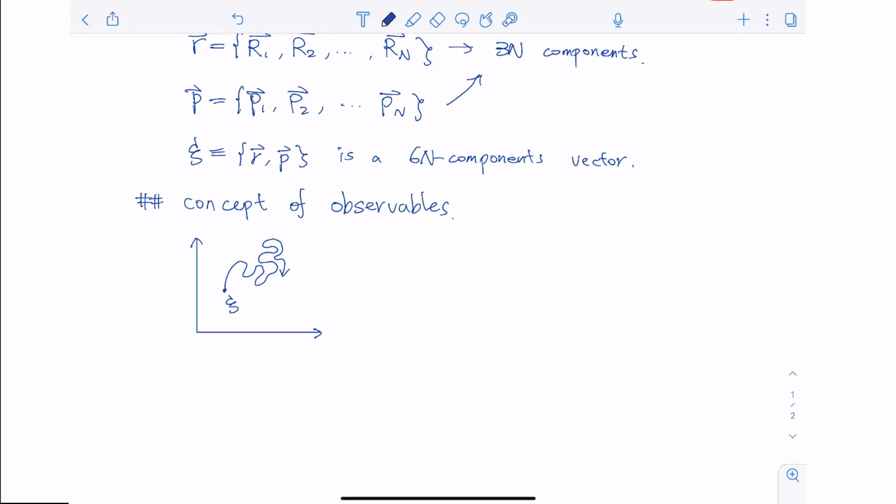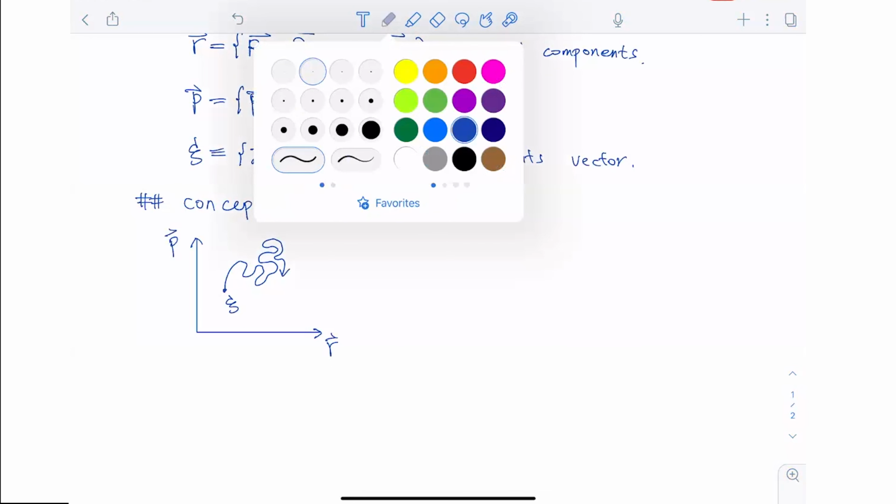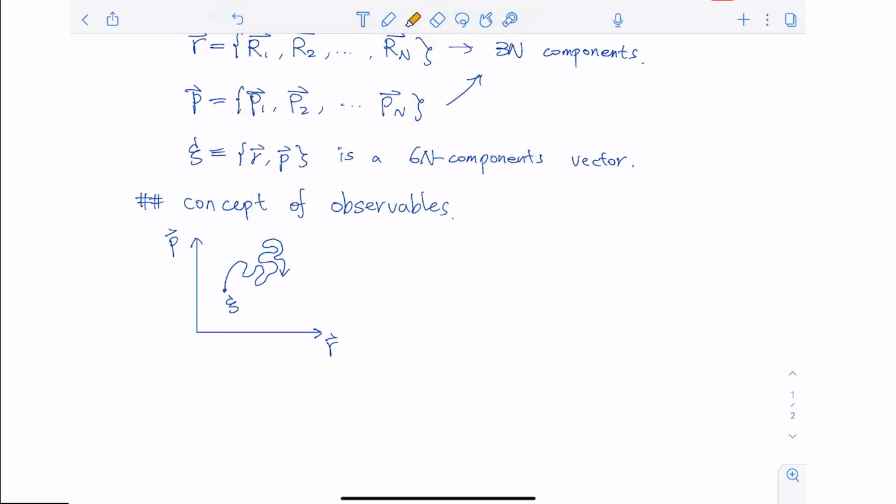Okay. And as the system is evolving, some quantities will fluctuate like crazy, and some quantities will remain more or less smooth.